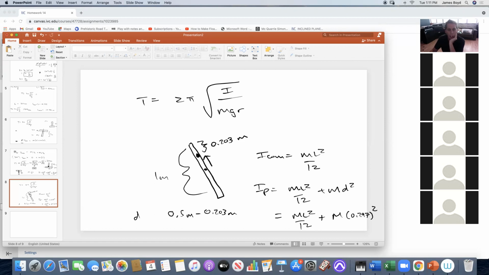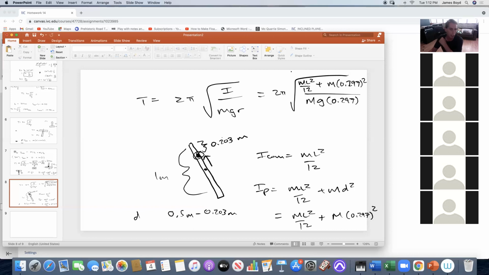Okay. And R, if we're here to the center of mass, is also 0.297. The center of mass of this rod is at the center here, which is 0.297 away from the axis of rotation. So this is 2 pi times the square root of ml squared over 12 plus m times 0.297 squared over mg times 0.297.